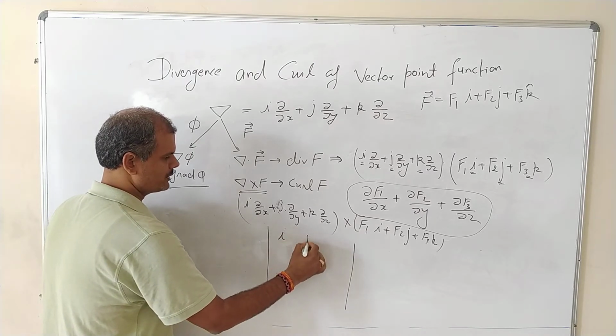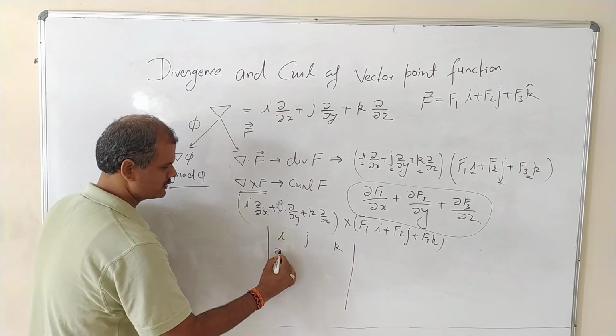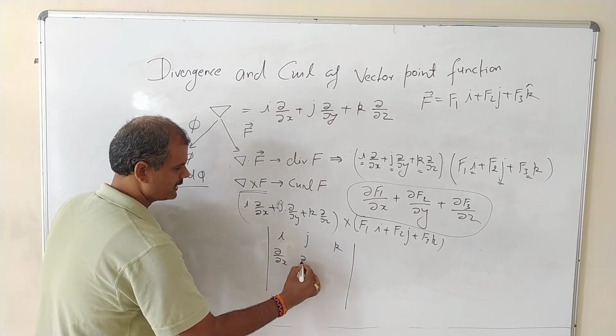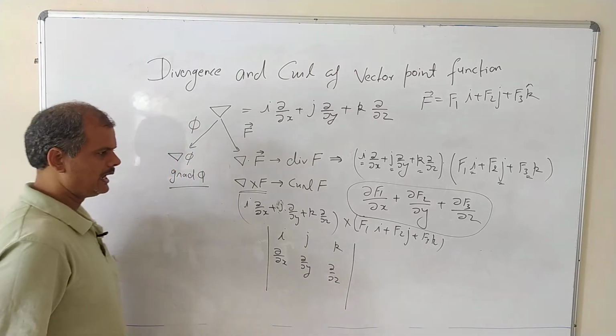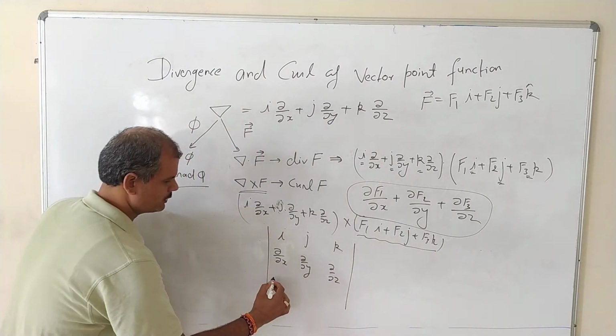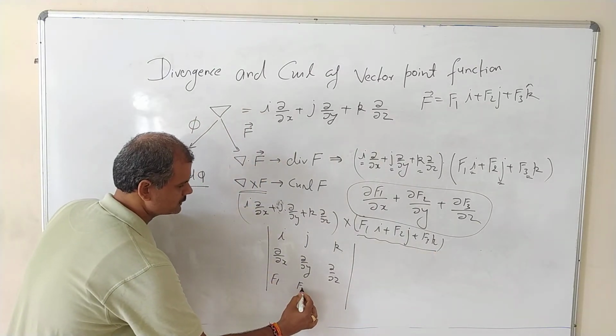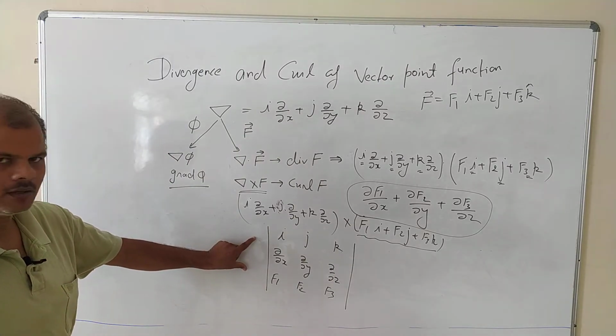The first row will be i j k, the second row will be the del components, that is del by del x, del by del y, del by del z, and the third row will be the f components, that is f1, f2, f3. So this is your curl of f.